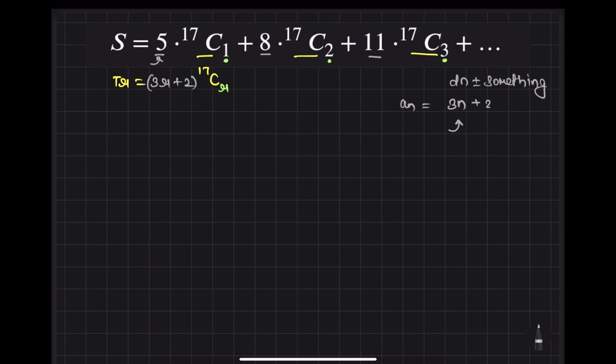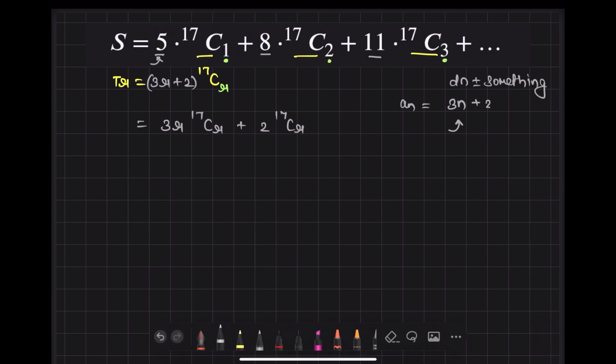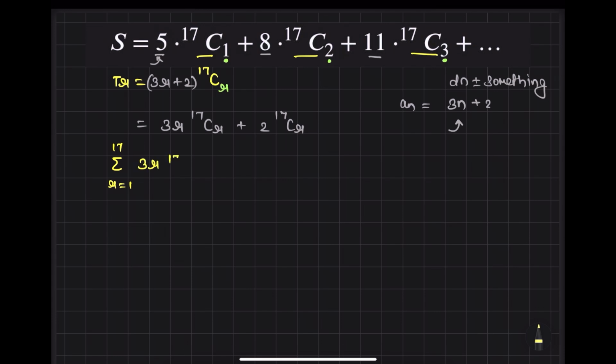Now can we segregate them? So we will have 3 times r 17Cr plus 2 times 17Cr. Okay, now look at this. Now we are good to go with the property. Now we can apply the summation property. So you know that it starts with r equals 1 till 17. So summation of 3r 17Cr plus 2 17Cr.